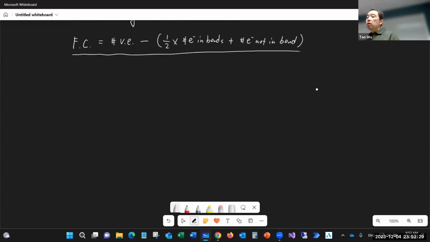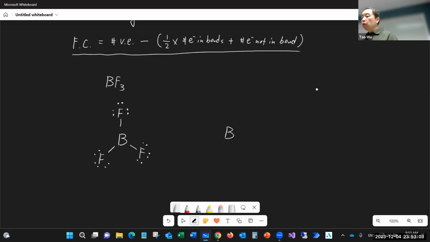Another example is BF3, which is boron trifluoride. Last time we talked about how boron trifluoride is actually an exception, because boron only has 3 bonds, which is 6 valence electrons and no dots over here. So the structure will be like this. But this one is an exception, which does not follow the octet rule for the boron.